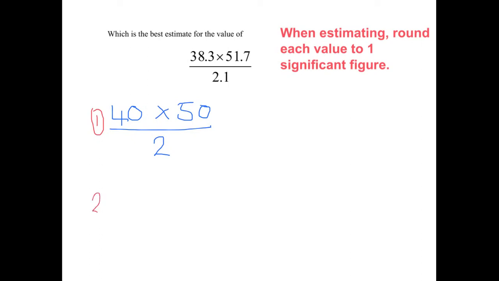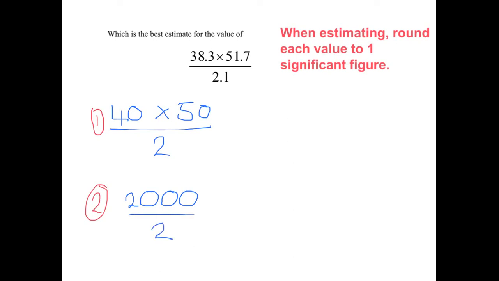To get the second mark, what we actually need to do is to calculate this top part of the question, so 40 times 50. It doesn't really matter which technique you use for that, but if we do 40 times 50, 4 times 5 is 20, and if you use the technique of adding 2 zeros on because you've got 2 zeros in the question, you'll end up with 2,000 divided by 2.